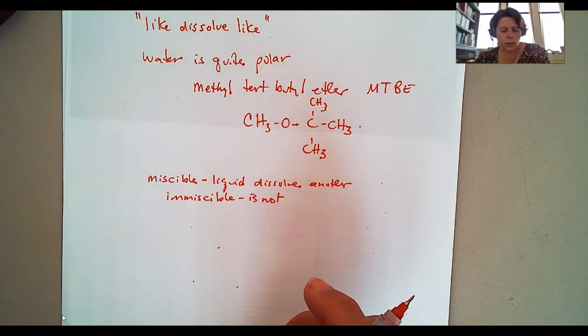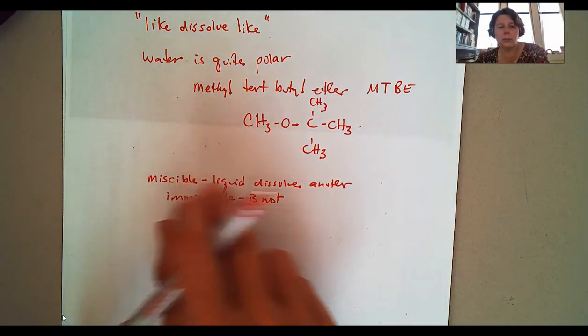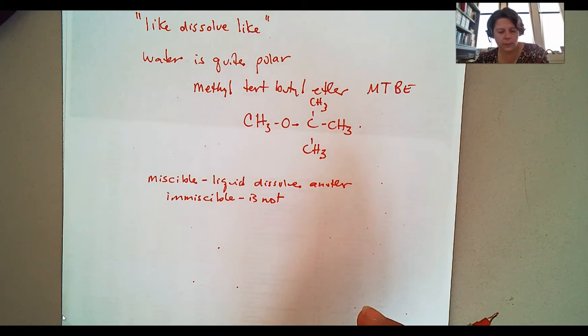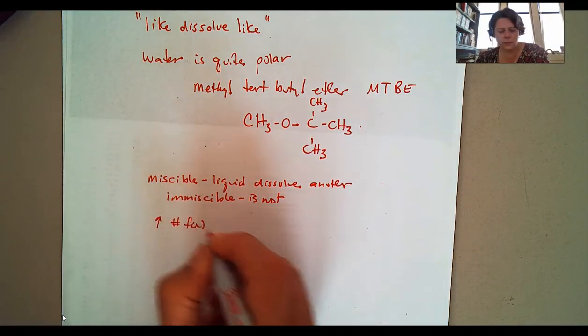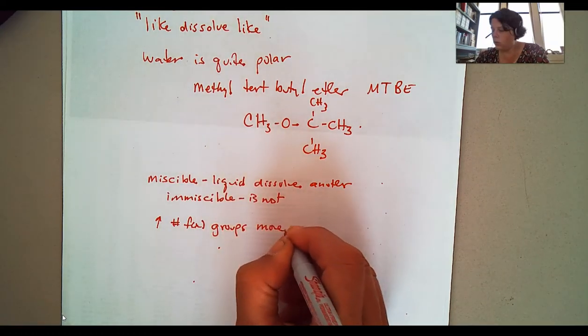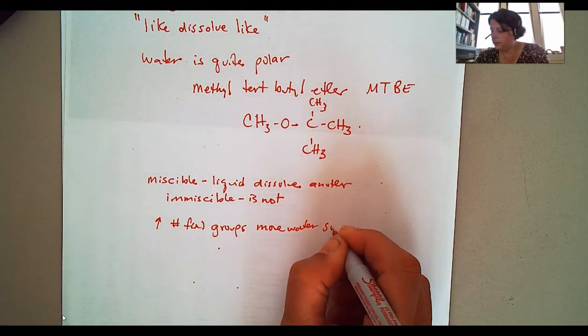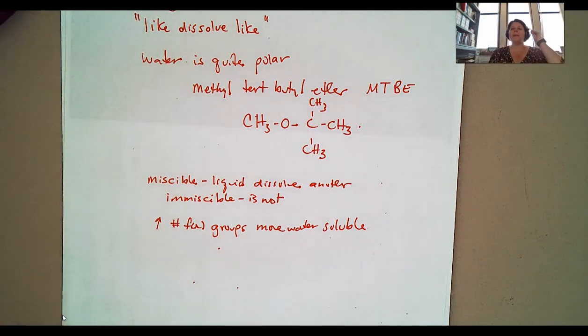So ethanol is very miscible in water because of H bonding. Because water can do it, it's miscible completely because it can dissolve inside of there. So if we increase the number of functional groups onto a compound, it's more water soluble. So that just gives you an idea of that.